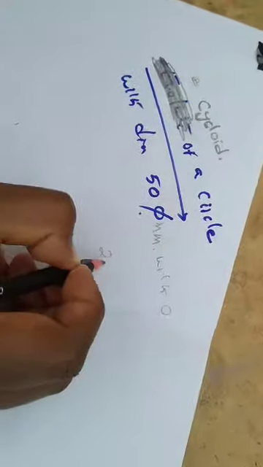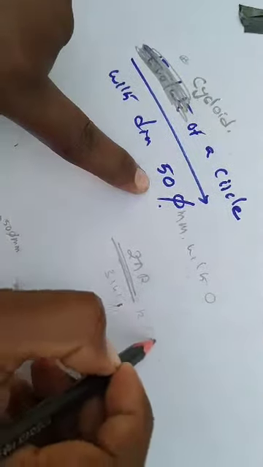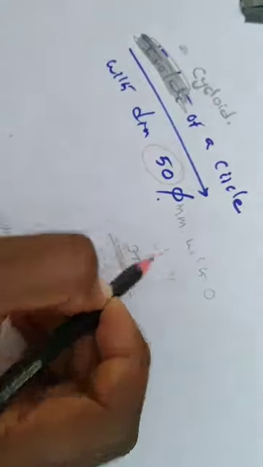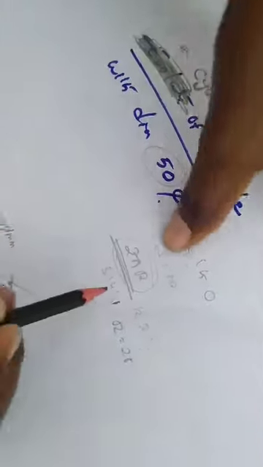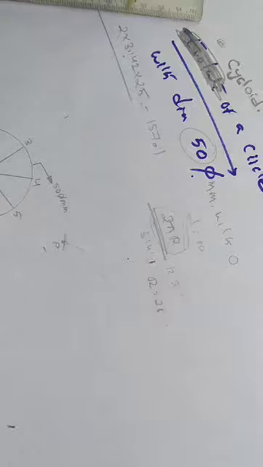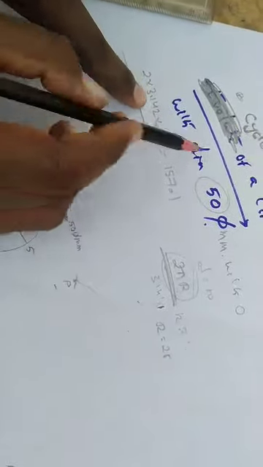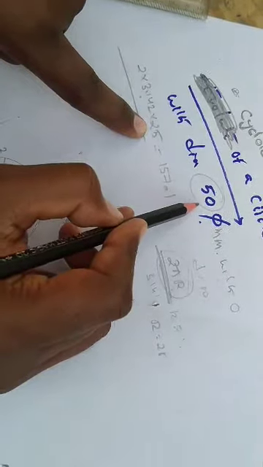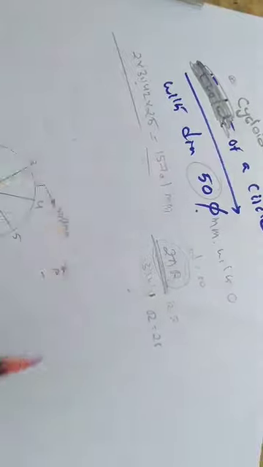The circumference of a circle is 2 pi r. Pi is 3.142, and for a 50 mm diameter, r is 25. So 2 into 3.142 into 25 gives 157.1 mm.